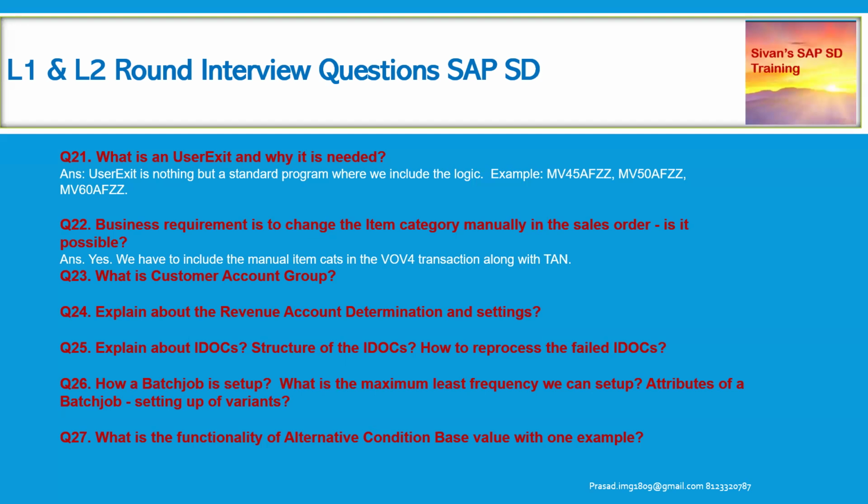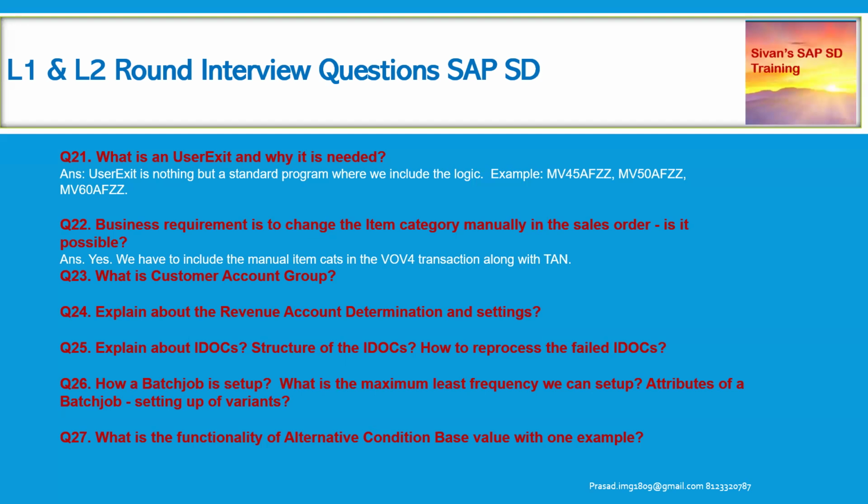Like that, we can control every screen: the general data screen, the company code data screen, and also the sales area data screen, using the customer account group, whether a particular field is mandatory, optional, display, or suppressed. So we can control it using the customer account group maintained or created by the FICO teams.